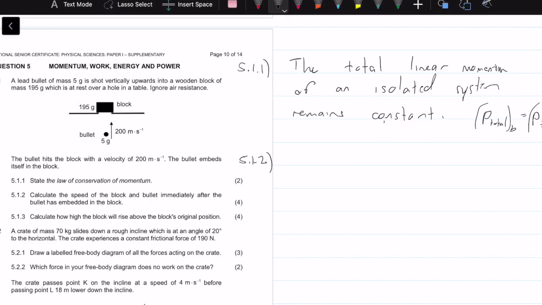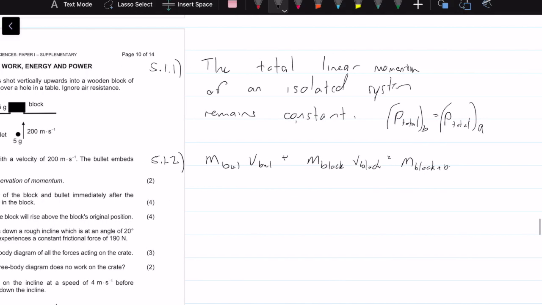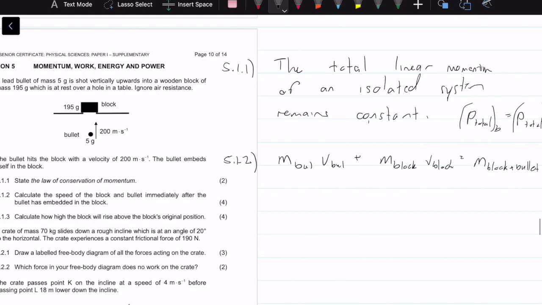So I'm just going to write down the equation: mass of the bullet times velocity of the bullet, plus mass of the block times velocity of the block, is equal to mass of block plus bullet times the velocity final.